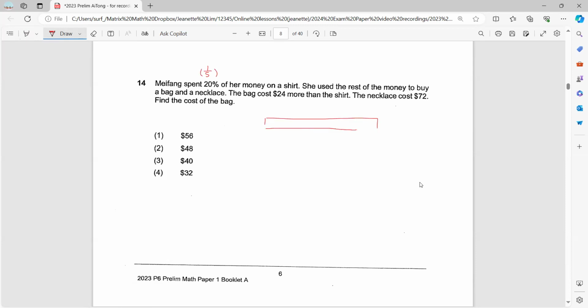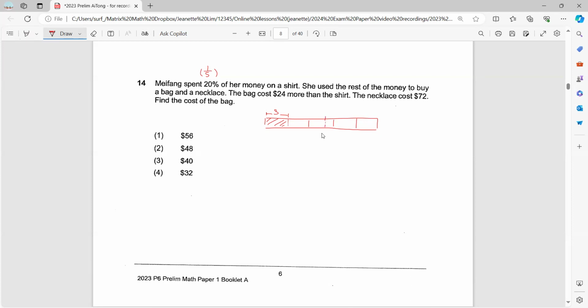So using 1/5, I'll draw a model. This is for the shirt. Now, she also bought a bag and a necklace. The bag is $24 more than the shirt. So if the shirt is 1 unit, then the bag has to be slightly more than 1 unit.